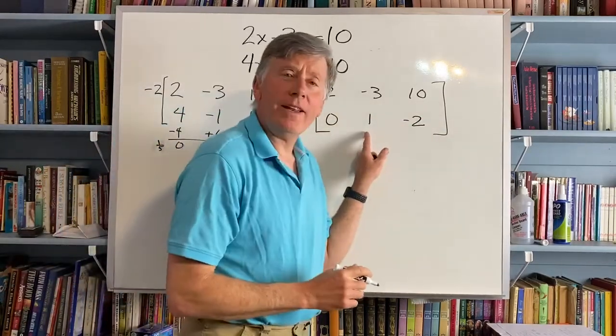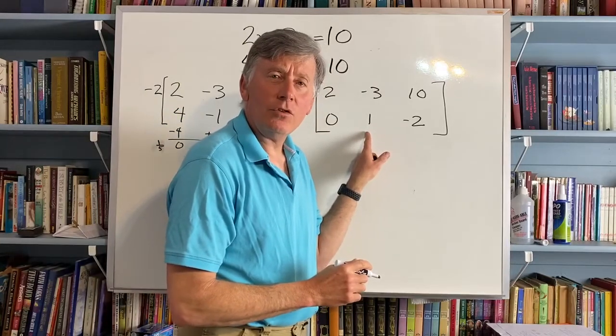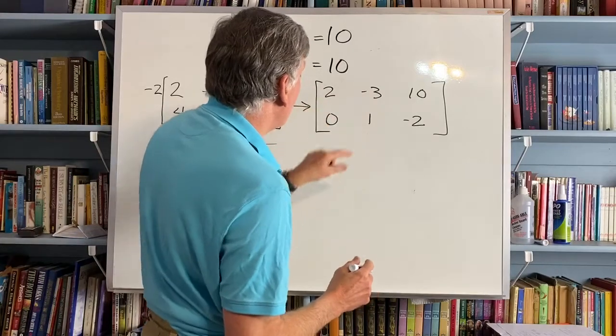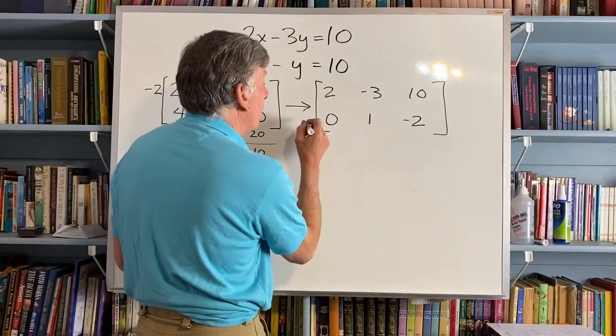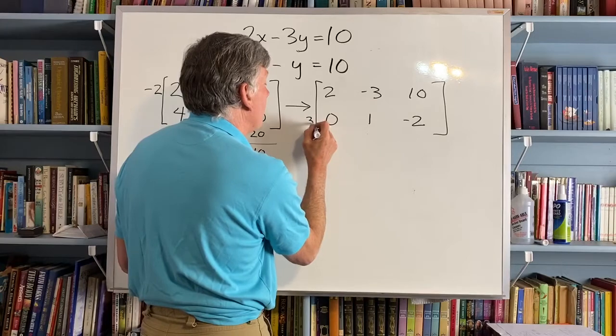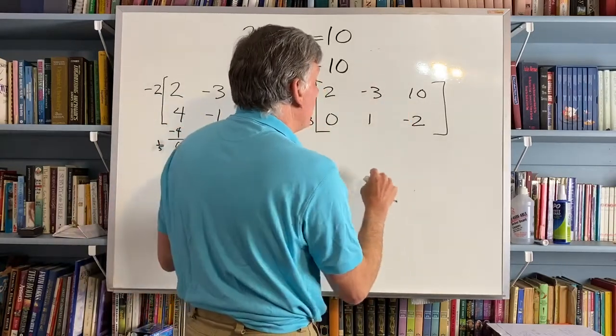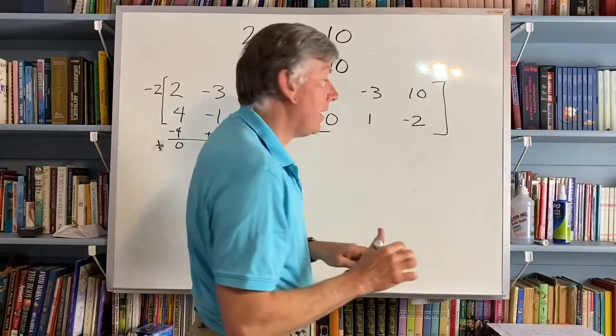This tells me right now that y is equal to negative 2. But now I'm going to get rid of that other term by multiplying this one through here by a positive 3. 3 times 1 is 3. When I add these equations, that y term is going to drop out.